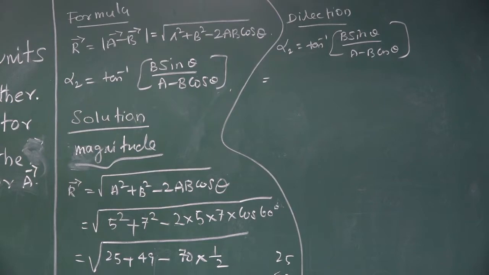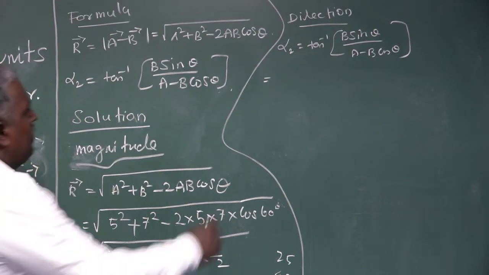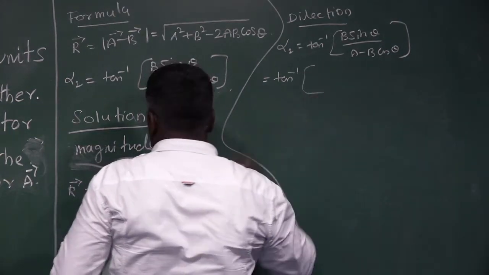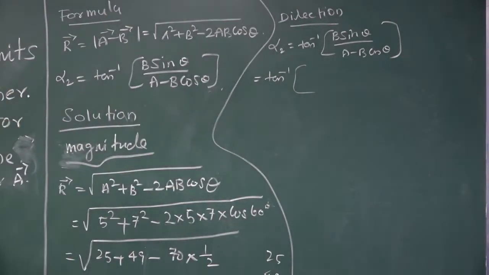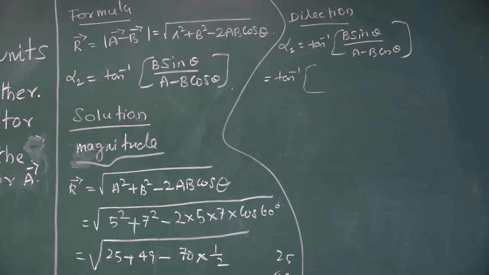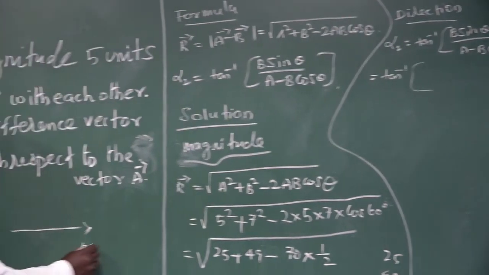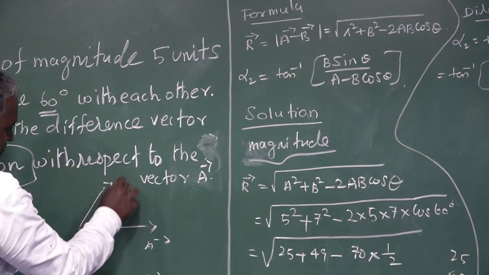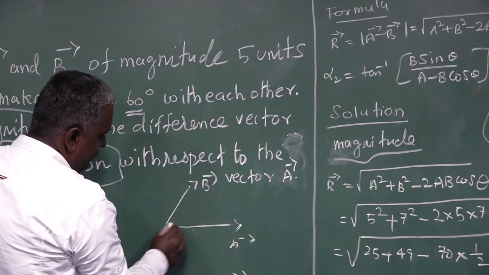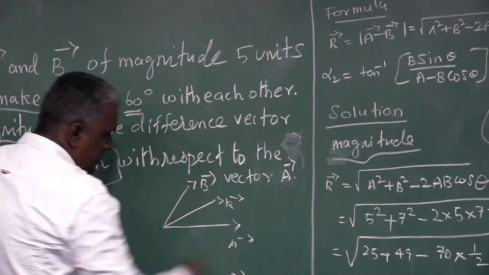Tan inverse. That is the direction. That is important. For example, this is for subtraction. For example, for addition, A vector, this is for addition, not for subtraction. This is a resultant vector.